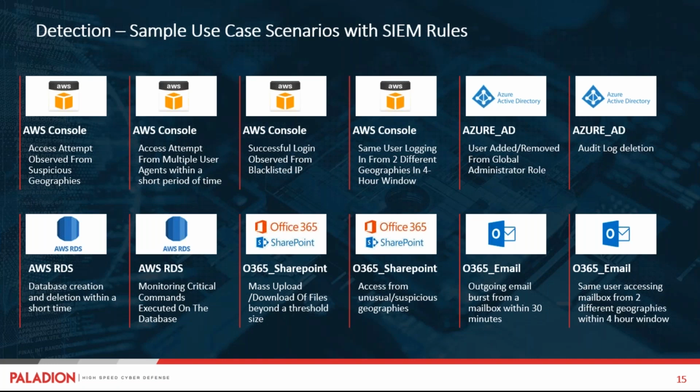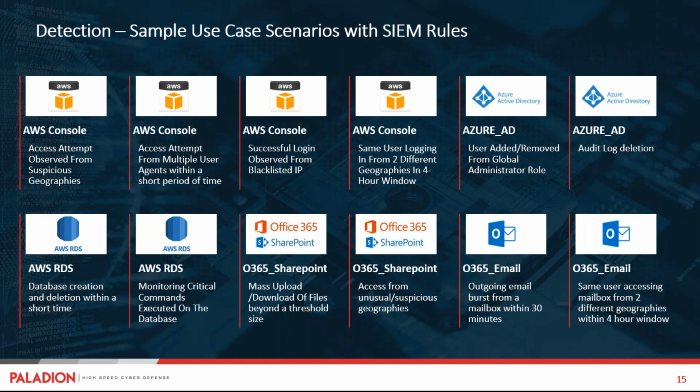Now, these use cases can help identify a possible attempt, but how can you detect if an account is already compromised? Let's say your AWS console is already compromised and is being used by attackers to log in and to make changes. One of the ways of doing it is to look at access to the console from two different geographies. As you can see, one of the use cases in this slide talks about alerting if the same user logs in from two different geographies in a 4-hour window.